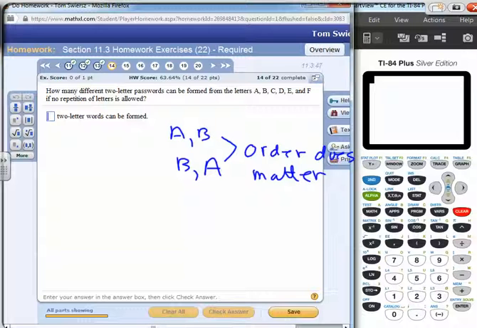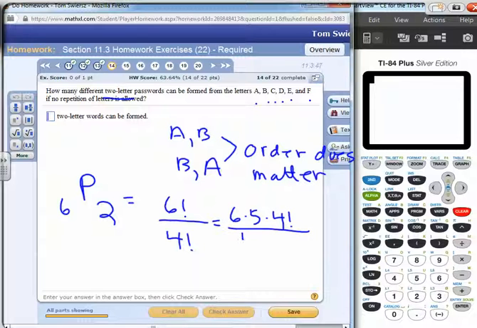If order matters, it's a permutation, so capital P. From the letters A, B, C, D, E, F is a total of 6, and we're choosing 2 letters, so 6P2. So it's 6 factorial divided by 6 minus 2, which is 4 factorial. So 6 times 5 times 4 factorial.